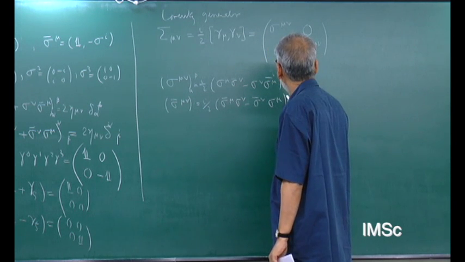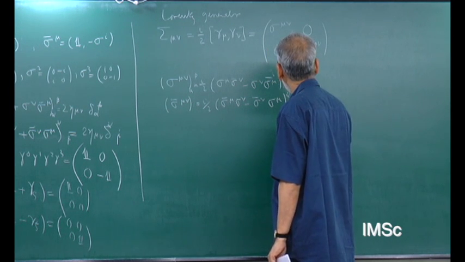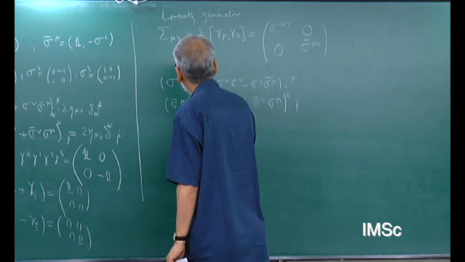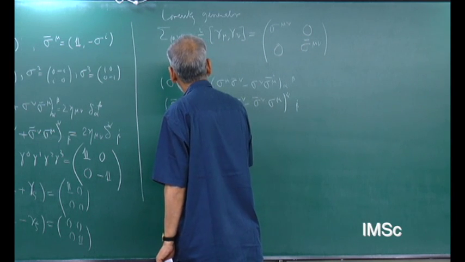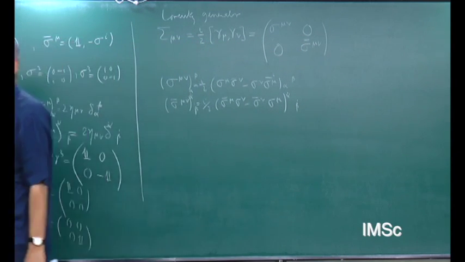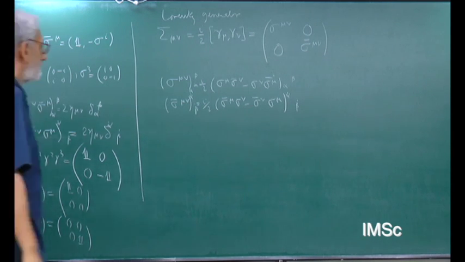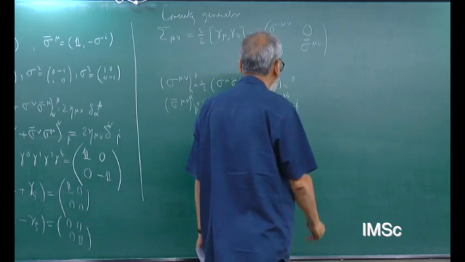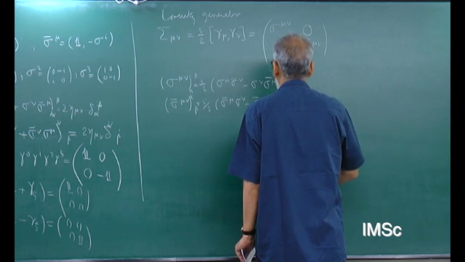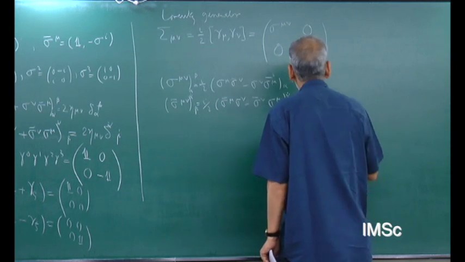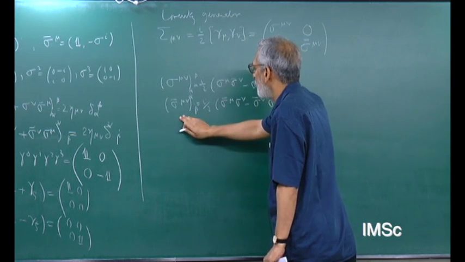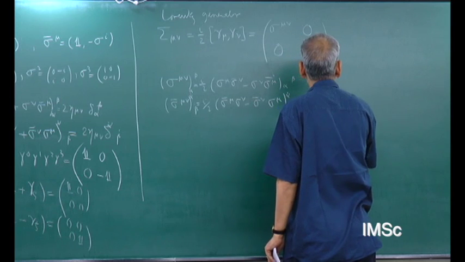So this is then alpha dot first, beta dot. And you can check that this object is nothing but the Hermitian conjugate of that.